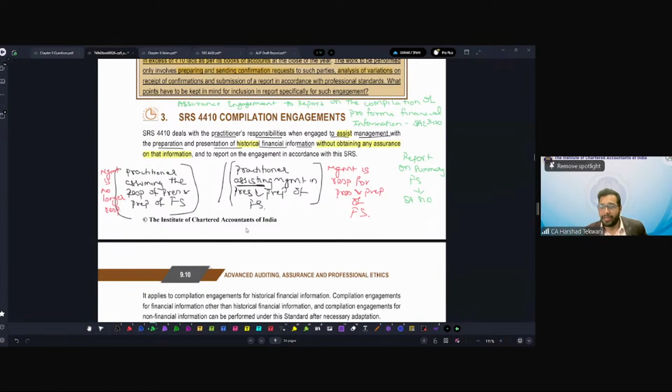Again, a separate standard, which is an assurance engagement. That's why I'm saying if that is an assurance engagement, it is covered by a separate standard. Are you getting the point?